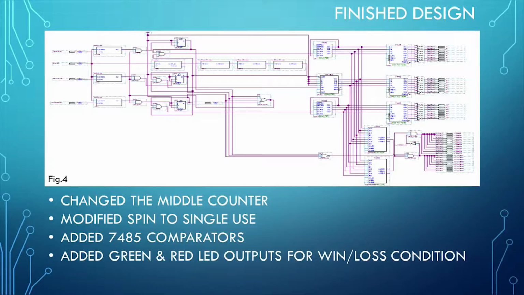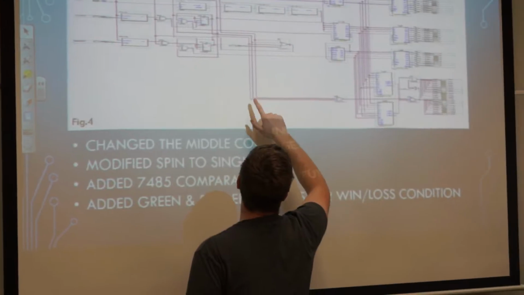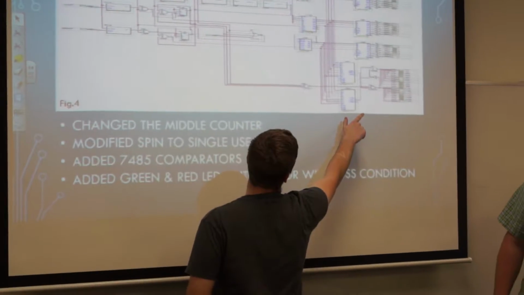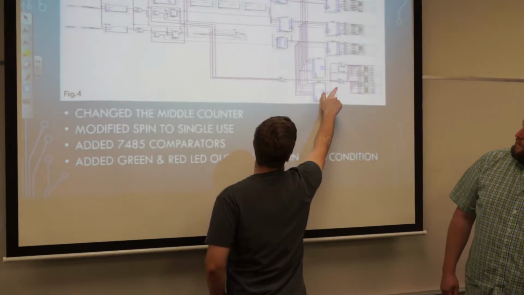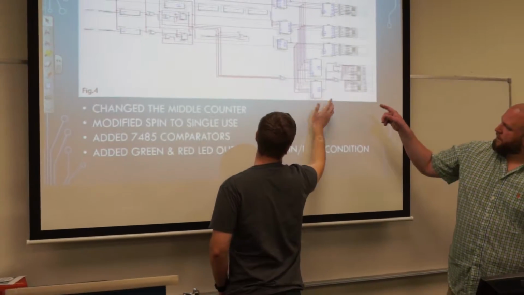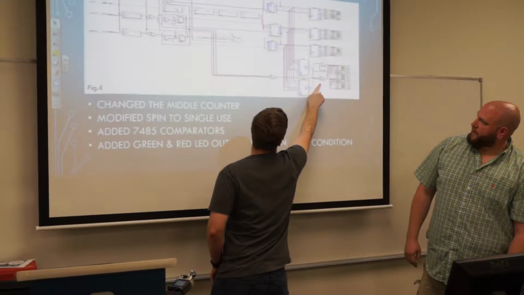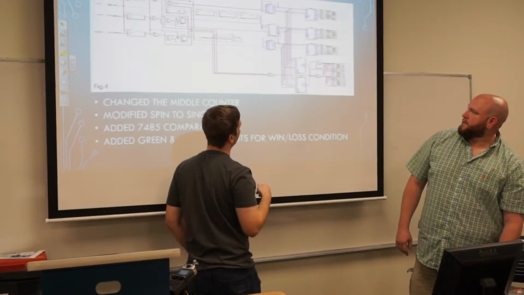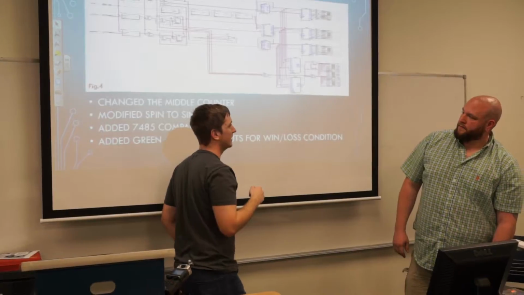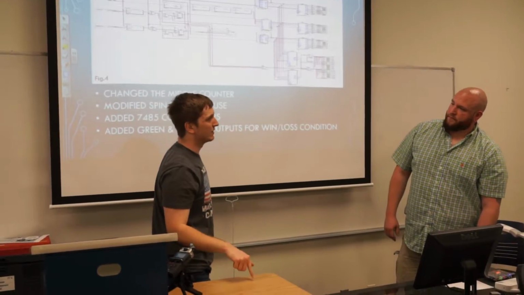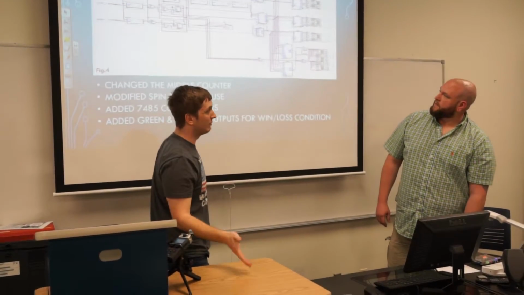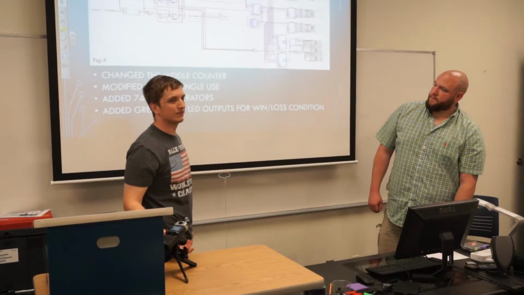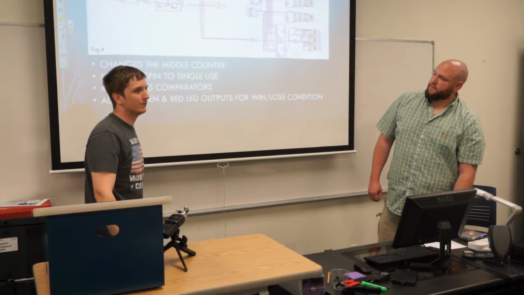Yep, and we had to OR those together and then invert them, and those go with the comparator outputs. That would be able to detect if all the buttons had stopped on the same number or if they had stopped on different numbers, giving you green or red when lost.